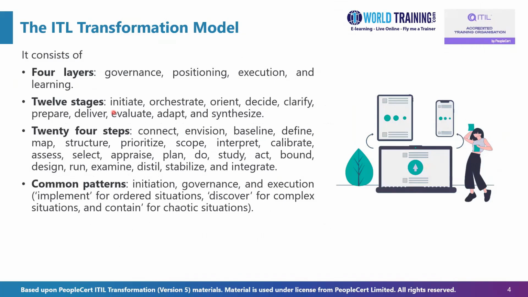So stages are initiate, orchestrate, orient, decide, clarify, prepare, deliver, evaluate, adapt, and synthesize. I know right now these may not give you any meaning at all, and there is no point in memorizing them either, I'm just reading them out to put them in your mind. So do not worry much about what these all mean. We will cover these gradually in this course.